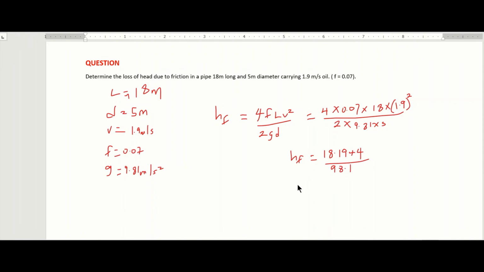So therefore my head loss due to friction would be 18.1944 divided by 98.1, which gives us 0.19 meters of oil. So this is the head loss due to friction for this situation.